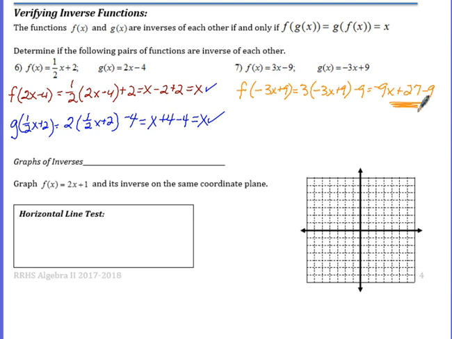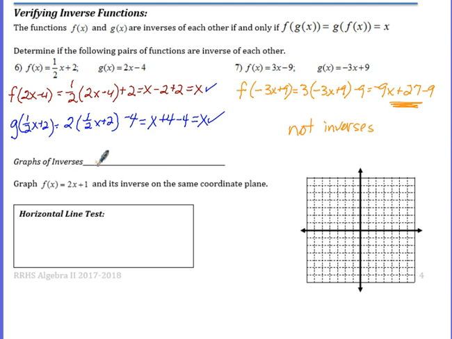If f of g of x is not x, I can stop working. This doesn't simplify down to x. So these are not inverses of each other. Even though a reasonable person looking at these, sure, that looks like they could be inverses. But when we took the composition, it did not equal x. And so we can actually stop after that first step.